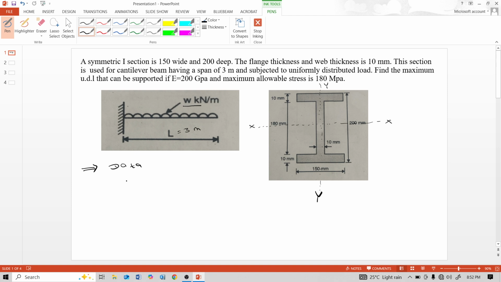Width of this I section is denoted as small b is equal to 150 mm. Depth denoted as small d is equal to 200 mm. Thickness denoted as small t is 10 mm. Length of the cantilever beam is denoted as capital L and is 3 meters.